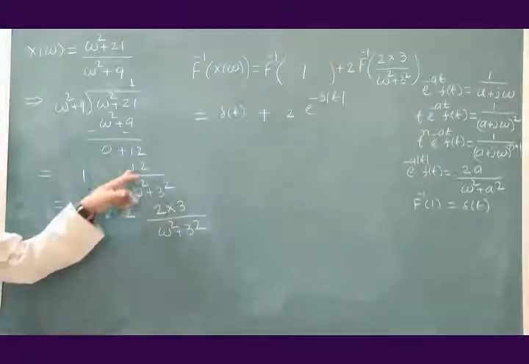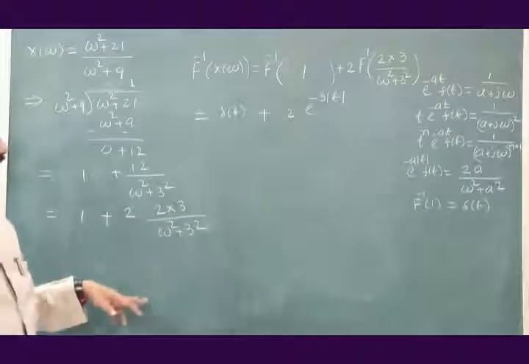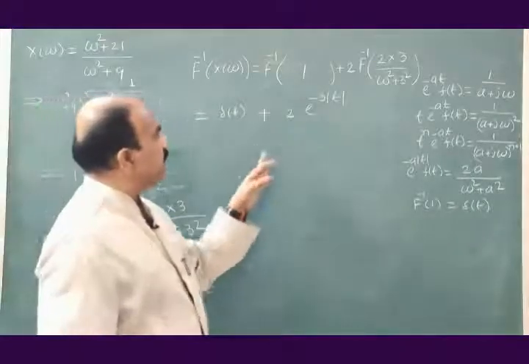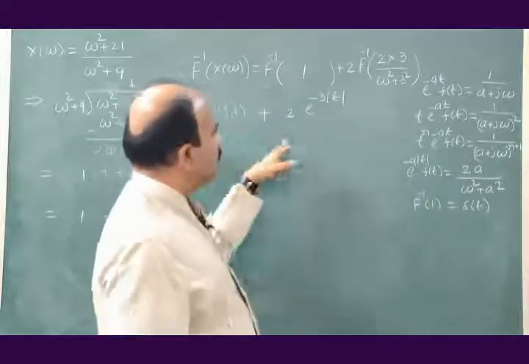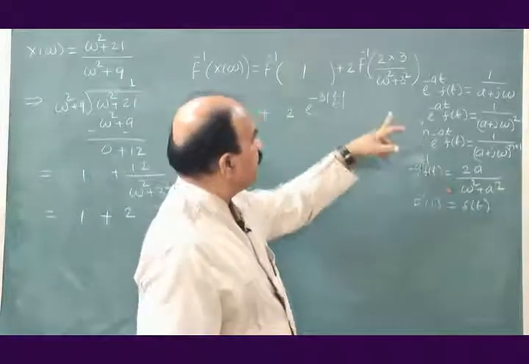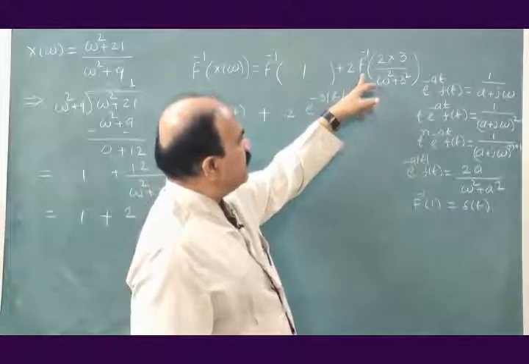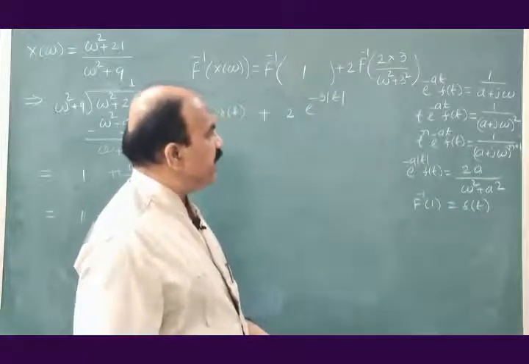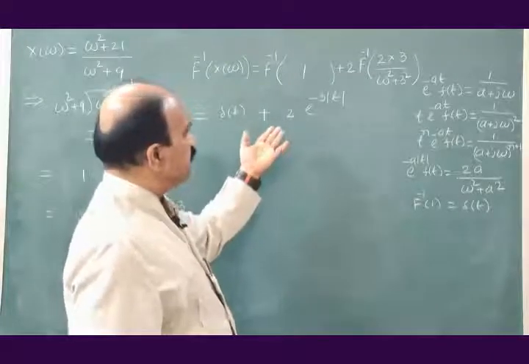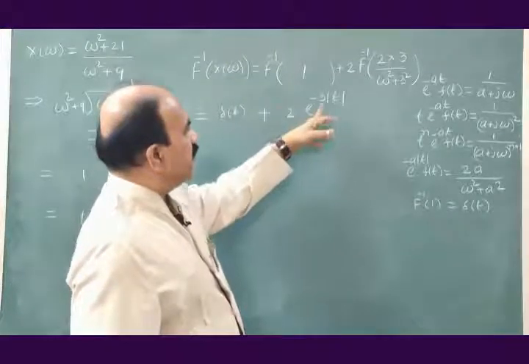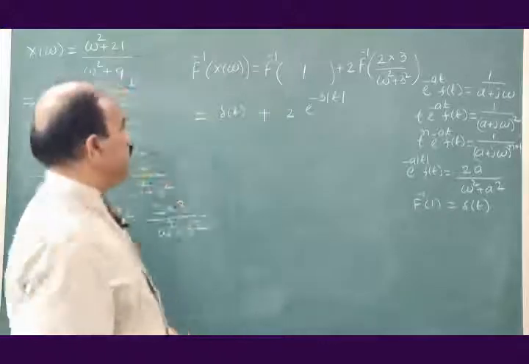It is further split into 2 into 2 into 3, and then F inverse of 1 is delta t, and this 2 times F inverse of 2 into 3 divided by omega square plus 3 square, that is 2 times e to the power minus 3 modulus of t.